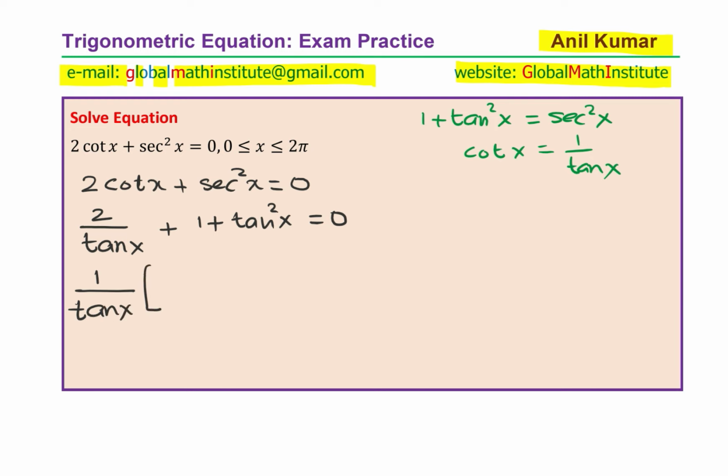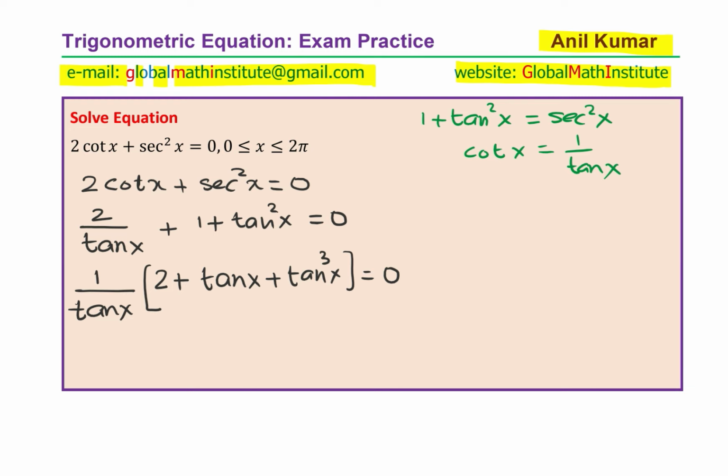We get 2 plus, multiplying both the terms with tan x, plus tan cube x. Makes sense? Equals 0. Now that becomes a cubic equation which we need to solve.